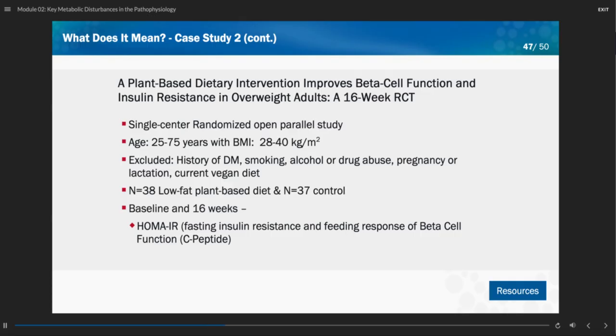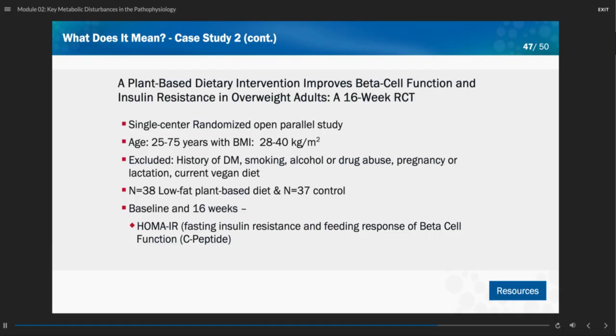So it's a single center randomized open parallel study done on patients age 25 to 75 with a BMI between 28 and 40 kilograms per meter squared. It excluded people who had a history of diabetes, smoking, alcohol, or drug abuse, pregnancy or lactation, and a current vegan diet, because some of these folks were going to be assigned to the low-fat, plant-based vegan diet. 38, in fact. 37 would be assigned to the control.